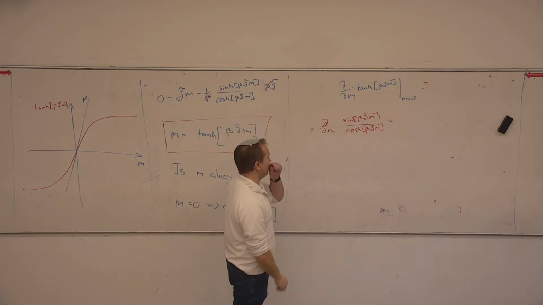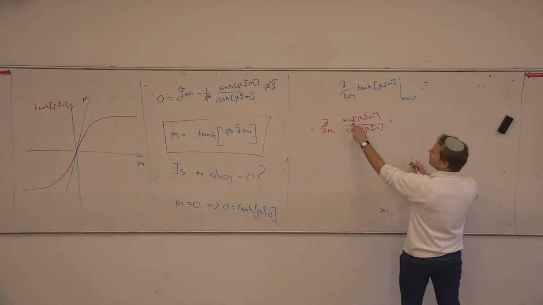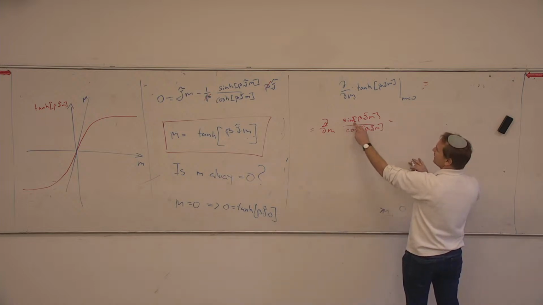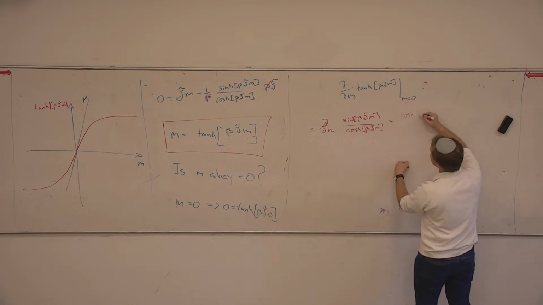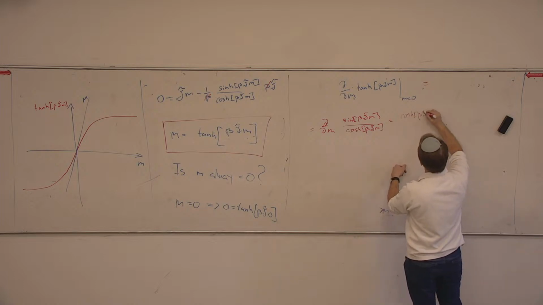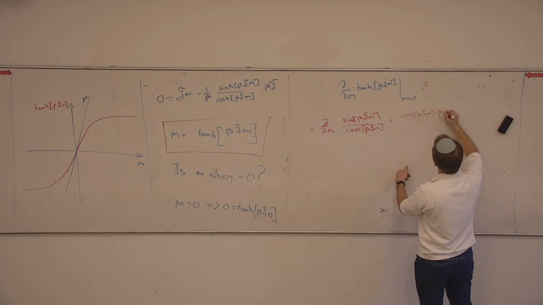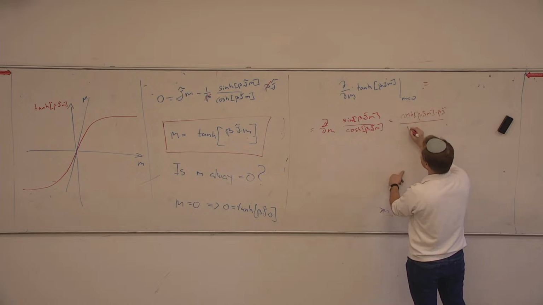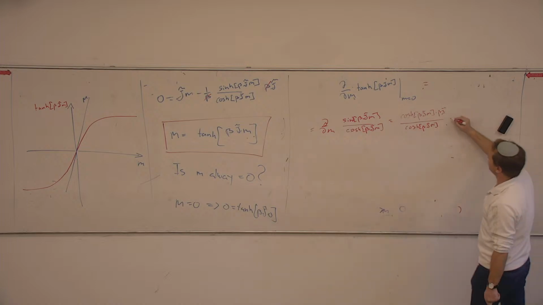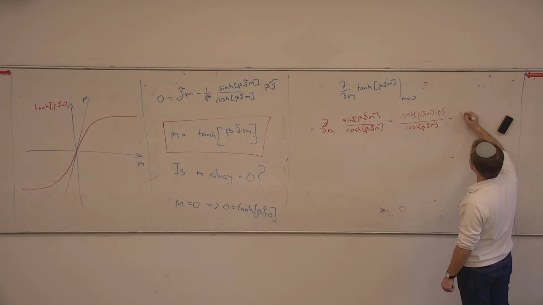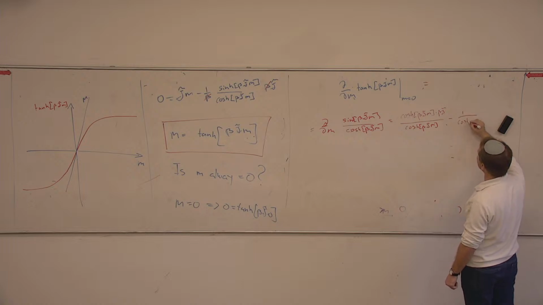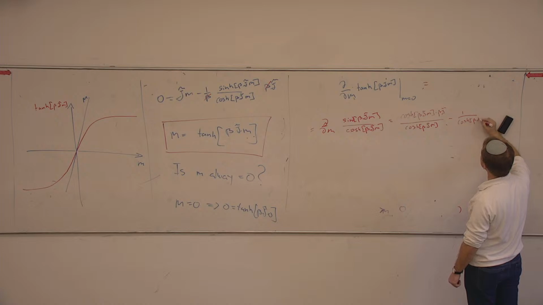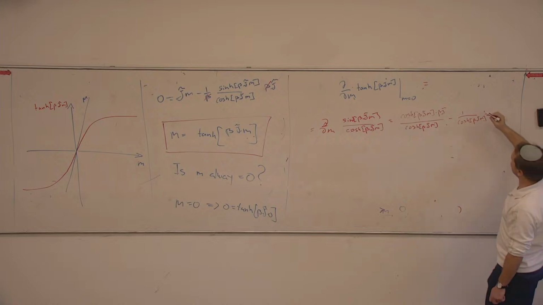First, we take a derivative of the hyperbolic sine, which is hyperbolic cosine of beta j tilde m multiplied by beta j tilde, divided by hyperbolic cosine of beta j tilde m, minus 1 over hyperbolic cosine of beta j tilde m to the second power, multiplied by what?